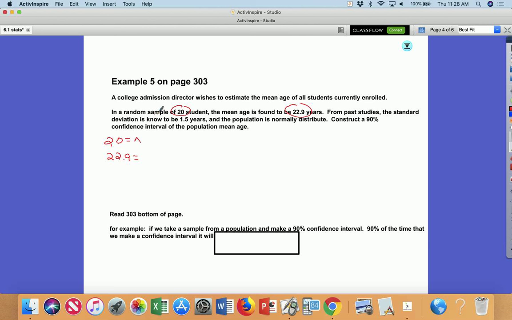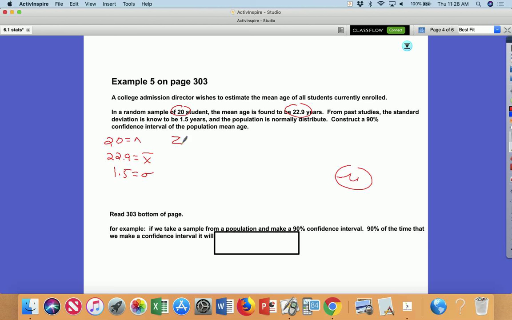Because it says in a random sample of 20 students, so the sample size is 20, the mean age of the sample is 22.9, so that is X bar. From past studies, the standard deviation is known to be 1.5, so that is sigma. That's saying that we do know the standard deviation of this distribution. We're saying it probably hasn't changed, but maybe the mean has. So we're trying to get an interval that will hopefully contain mu, which is unknown for us.